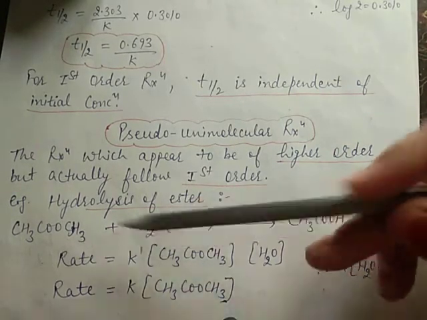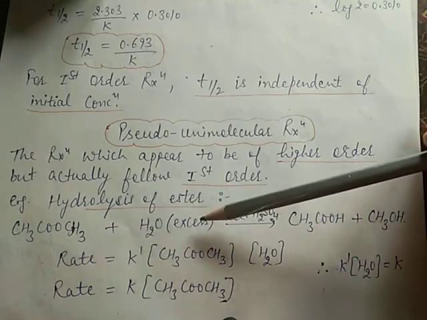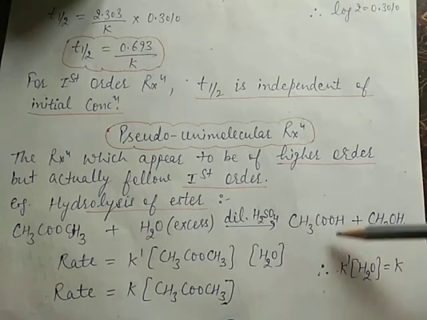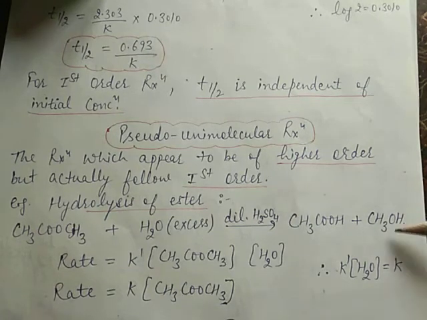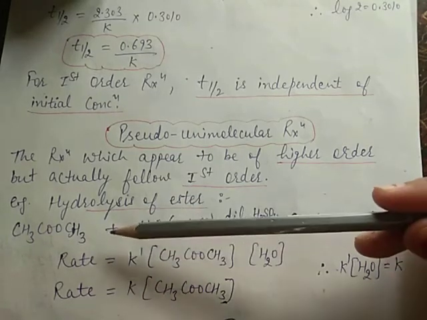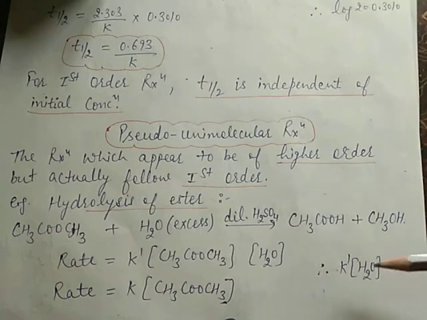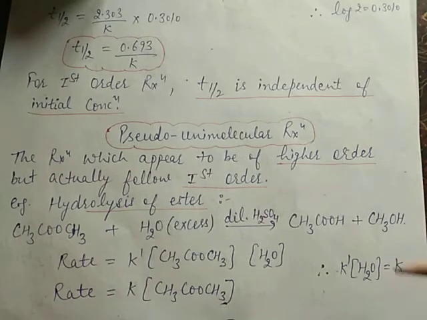In hydrolysis of ester, the ester reacts with water, which is present in excess, and in the presence of dilute acid it converts into acetic acid plus alcohol, methanol. So the rate is equal to K dash. The rate depends on the concentration of both reactants, ester and water, but K dash times the concentration of water is equal to K, a constant, because the concentration of water remains almost constant.